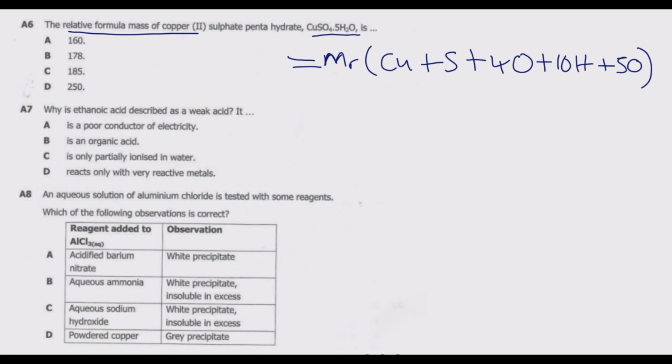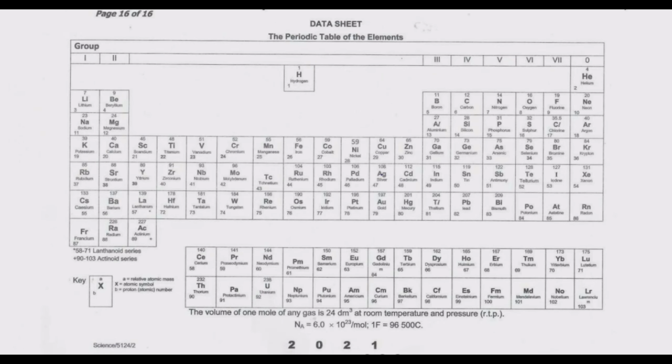So having done this, we can go to the periodic table. Then we check. The first one is copper. We know copper is here, which is 64. So we have 64. Then plus we have sulfur, which is here, 32.